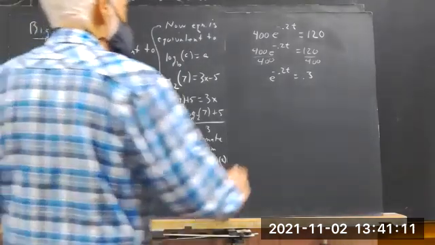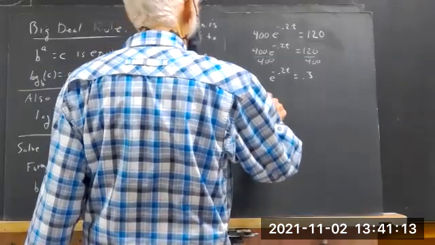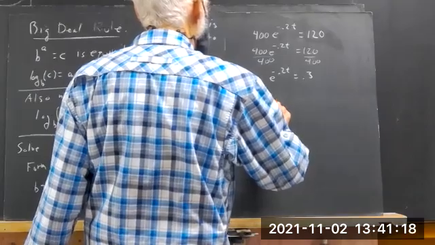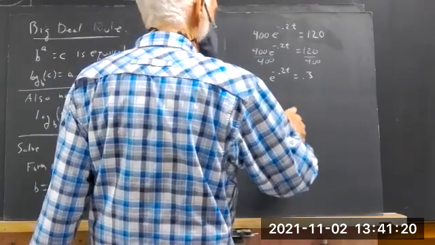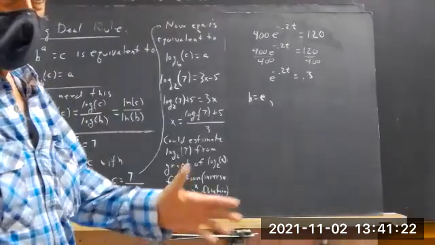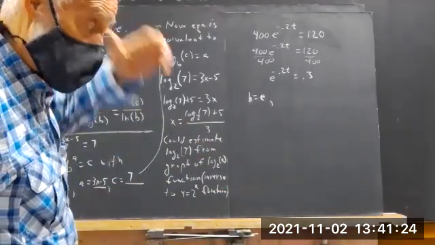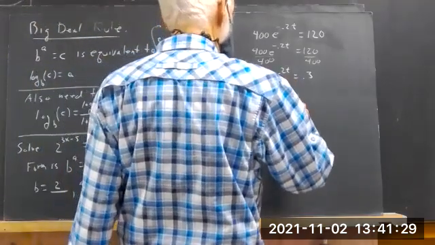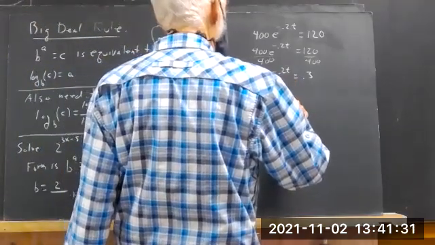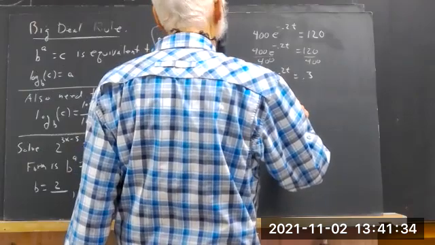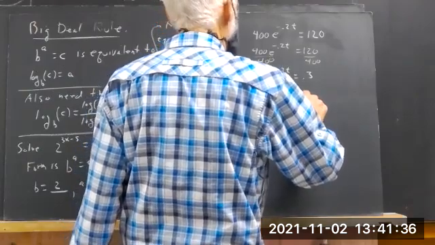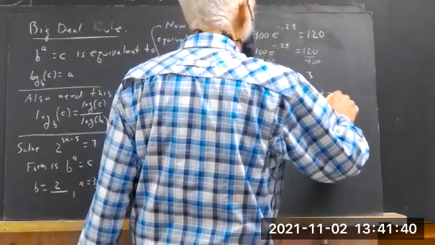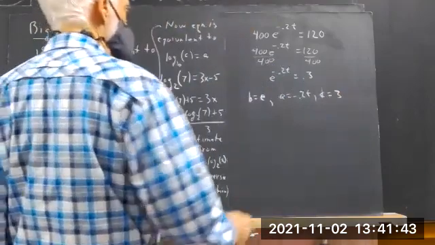Where in this case, b is just e. I'm not sure you've been introduced to that number. I think I went over your homework pretty thoroughly. But b equals e, a equals negative 0.2t, and c equals 3.